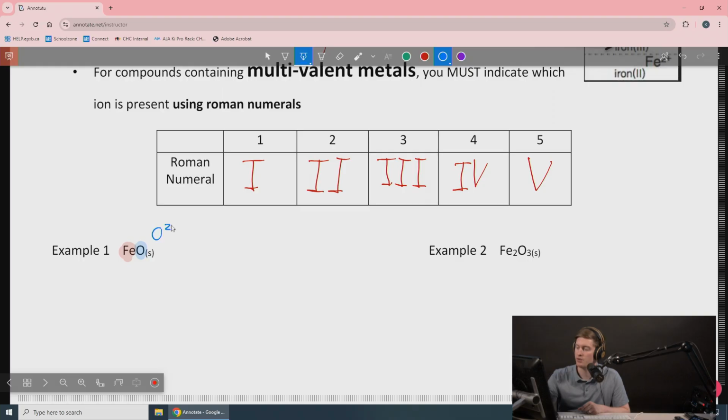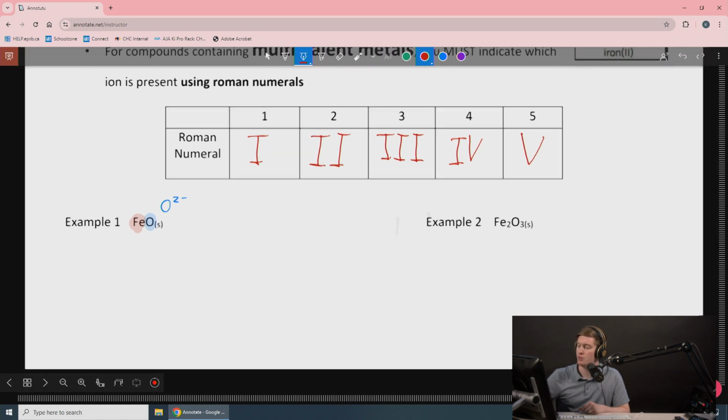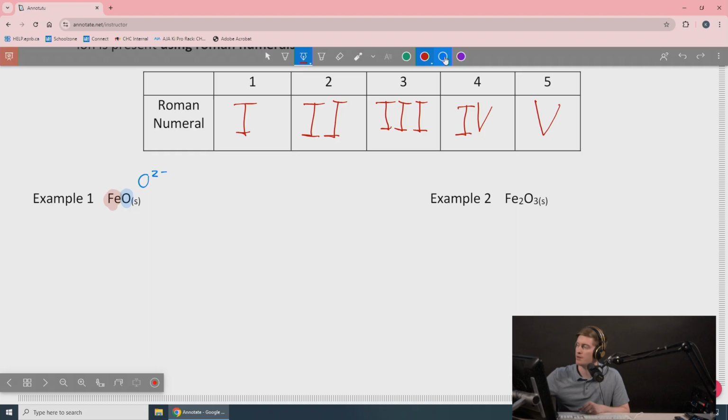Oxide is always going to have a -2 charge. If you look at this compound, we have one oxide. Therefore, this compound has a total negative charge of 2-, which means it must have a total positive charge of 2+ in order to counter that. I'm going to write that in words, just so if you're looking back at your notes, that will make sense to you.